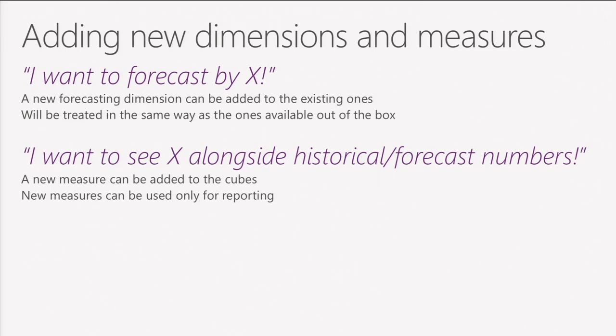So from the beginning, when we were designing demand forecasting solution, we took this into account and we designed demand forecasting to be extensible. So you can quite easily add a new dimension to the system. And what is also very nice, adding a new measure, which is like a different set of numbers that you can see together with the forecast that gets generated, can also be added pretty easily.